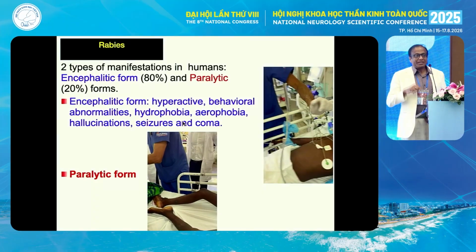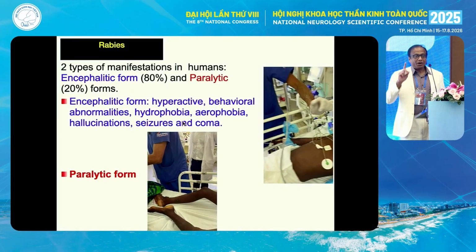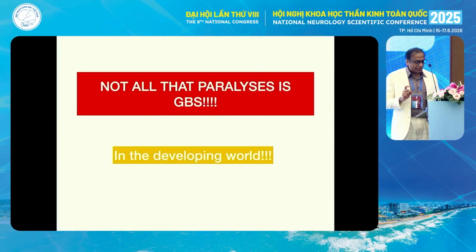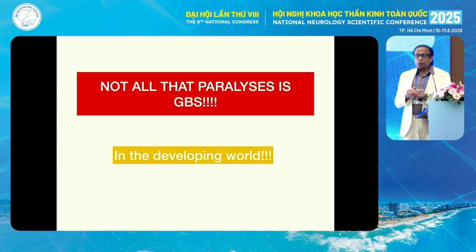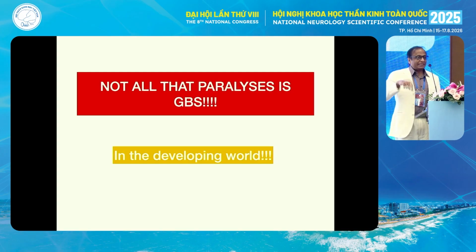Again, important mimic of GBS in developing countries. So I realized that in poor countries, not everything that paralyzes is Guillain-Barré syndrome. We have to still think about infectious disease and other diseases that the developed parts of the world have forgotten about because of improvement in public health and vaccination.